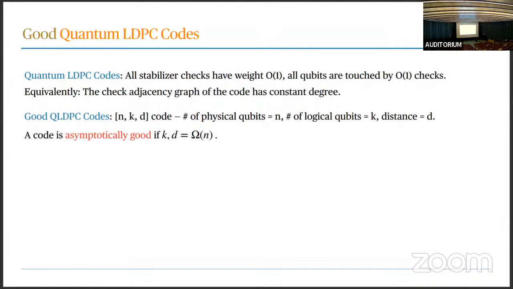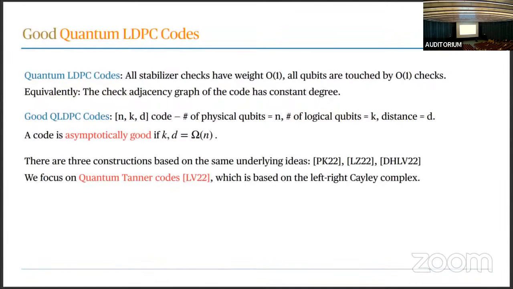And up to now, since 2021, we now know three families of asymptotically good quantum LDPC codes, which are all based on the same underlying mathematical idea and intuition, which in this talk I will phrase as the left-right Cayley complex, which a lot of you may have heard being mentioned across the board.